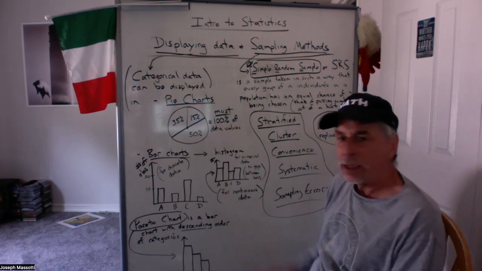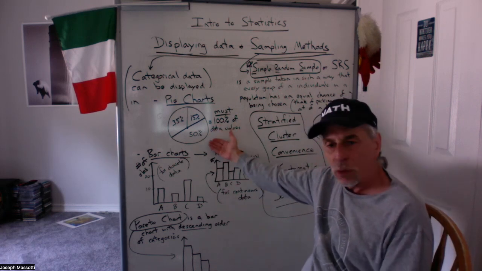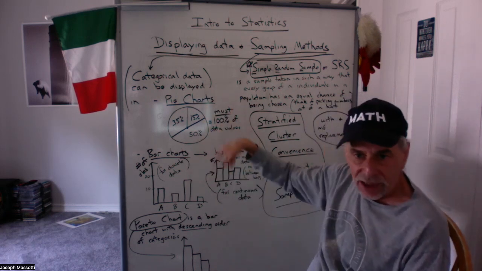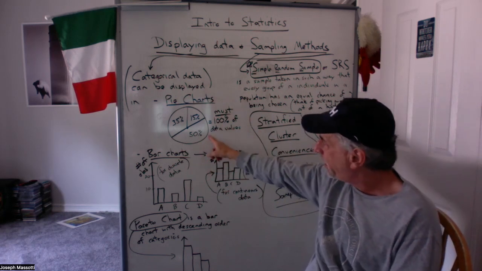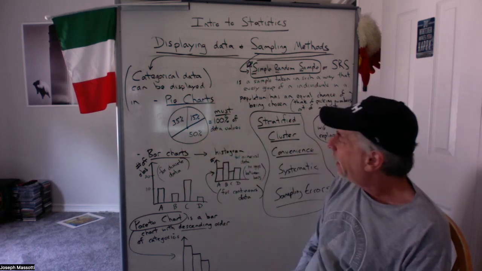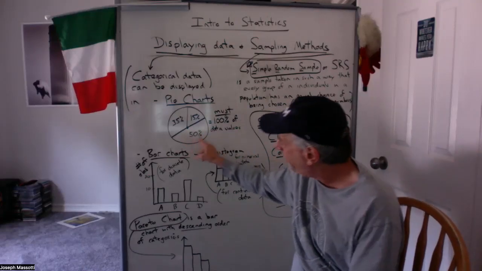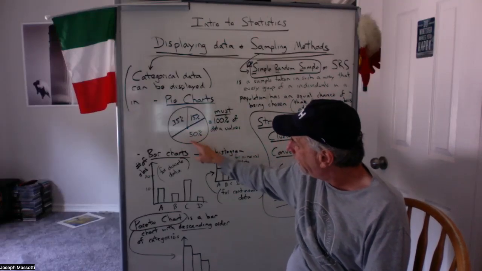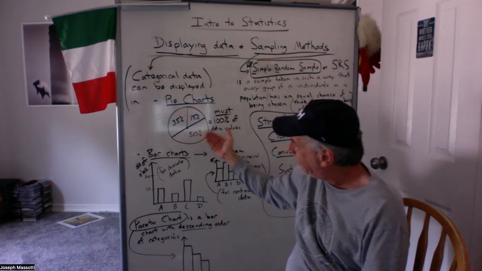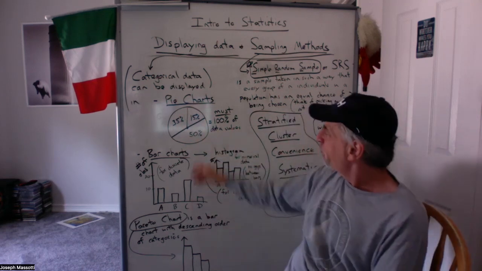In a pie chart, I think we're all somewhat familiar with a pie chart where you just split up the pizza pie or whatever you want to think about it as into sections, and you put however many of the observations of whatever it is you're looking at falling into each of, in this case, 3 categories.